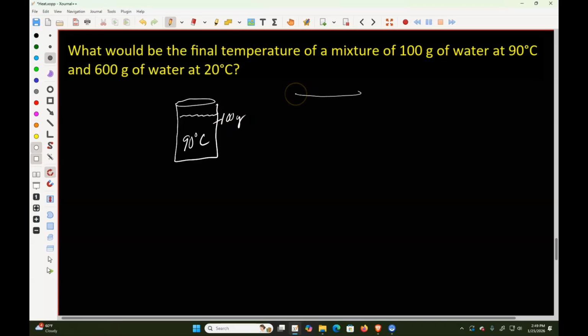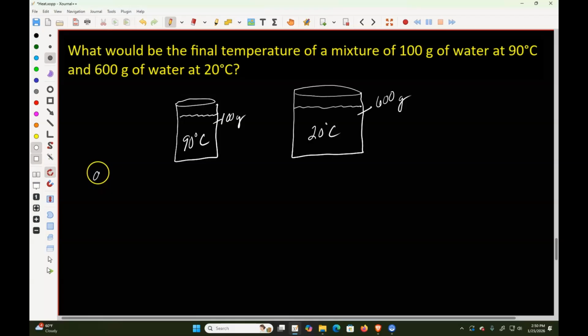I have a larger container. This is at 20 degrees Celsius, and this is 600 grams. So when I pour these two together, what will be the final temperature?